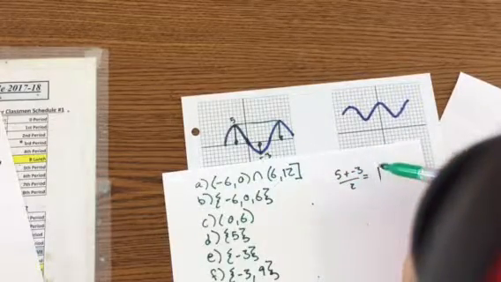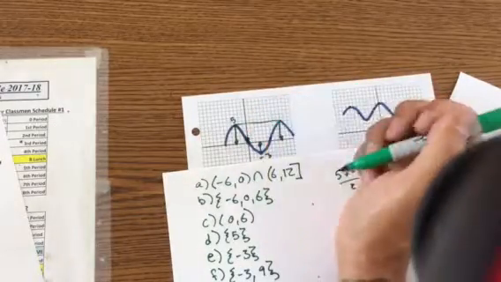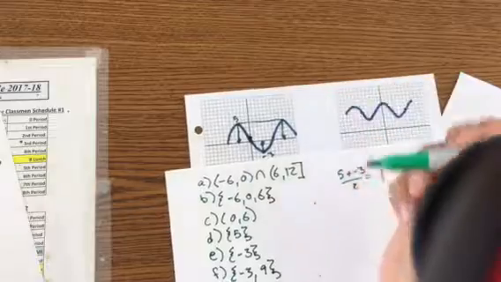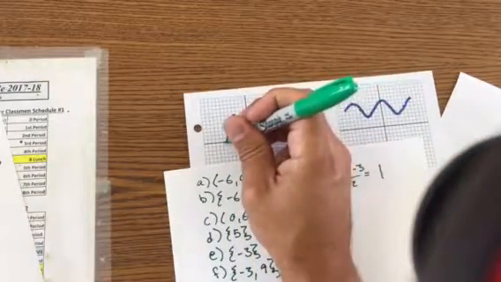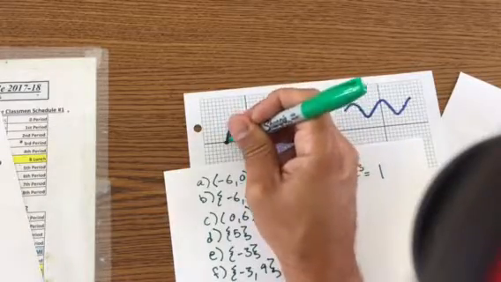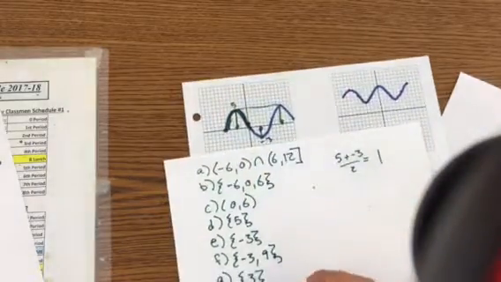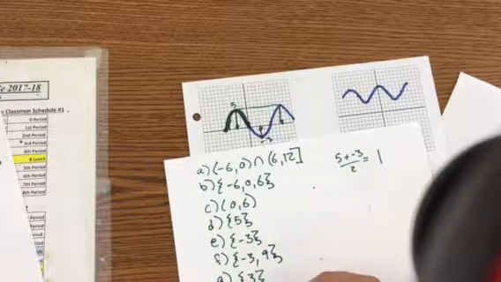So that equals 1. Where does it have a height of 1? It looks like the height of 1 is right here, on x is 0. So it's going to go concave down from right here until it hits right here. This is going to be concave down. So I'm going to go from negative 6 until 0.